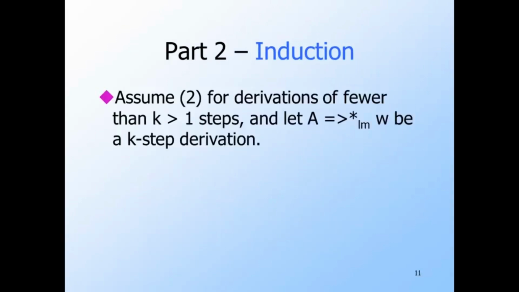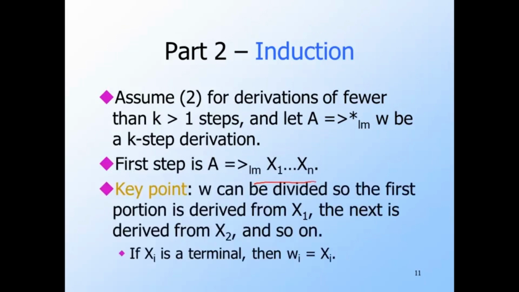Now let's do the inductive step. We assume that leftmost derivations of fewer than k steps can be turned into parse trees with the proper yield, and we'll consider a k-step derivation of string w from variable A. The first step of this derivation uses a production with head A and body x1 through xn for some n. Thus, the second sentential form in this derivation of w is x1 through xn.